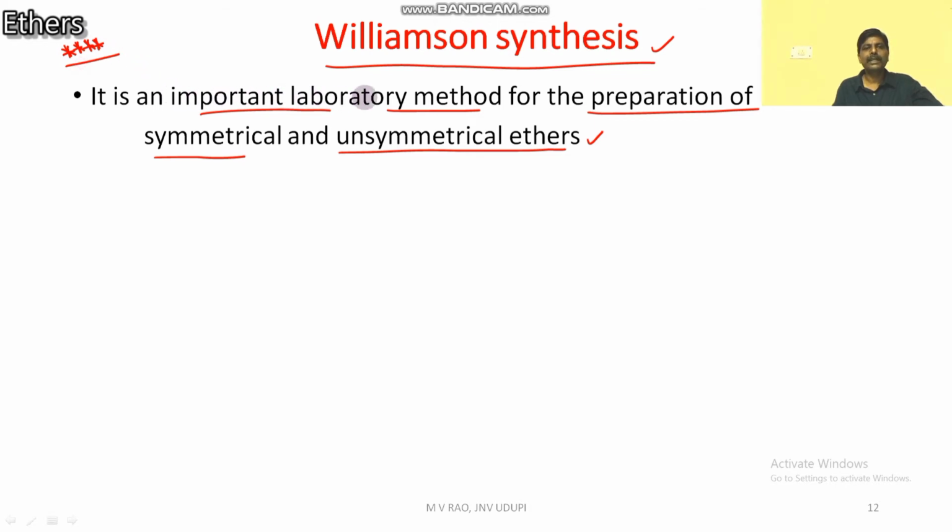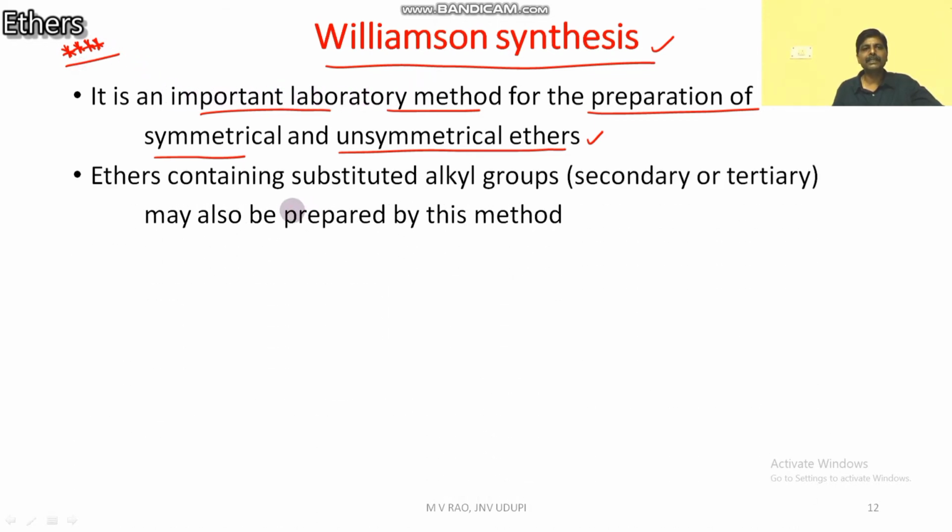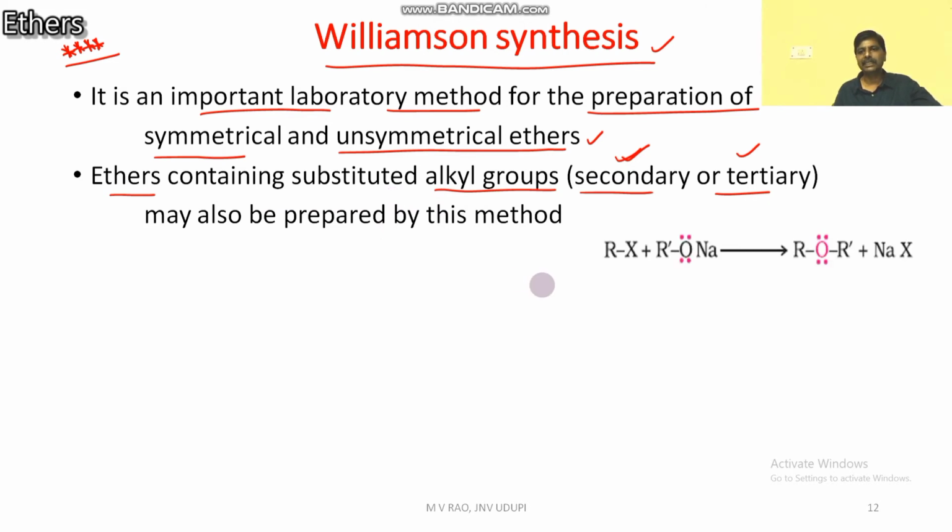Ethers containing substituted alkyl groups, that means you can prepare secondary and tertiary along with primary. In the earlier method, from alcohols you can prepare only ethers with primary alkyl groups. Ethers containing secondary and tertiary alkyl groups you can also prepare by Williamson's synthesis.